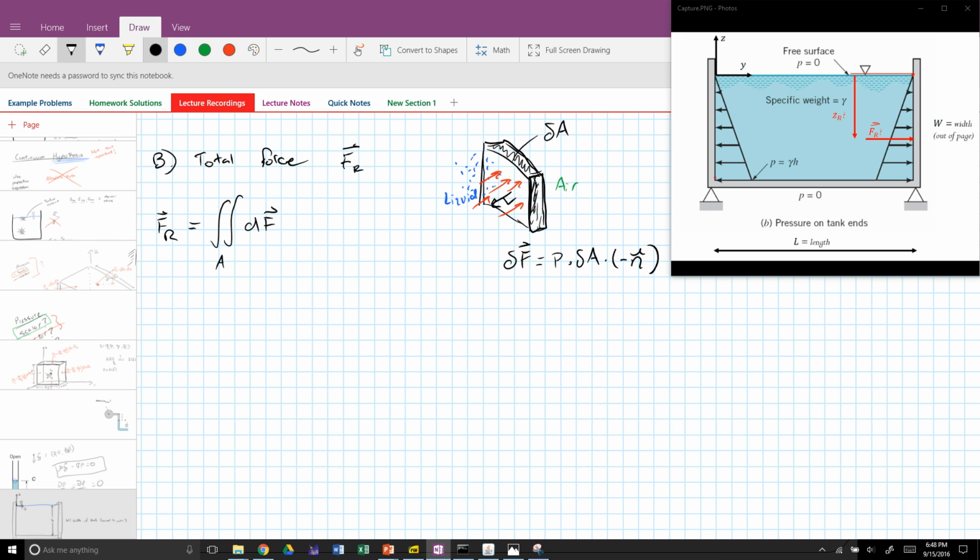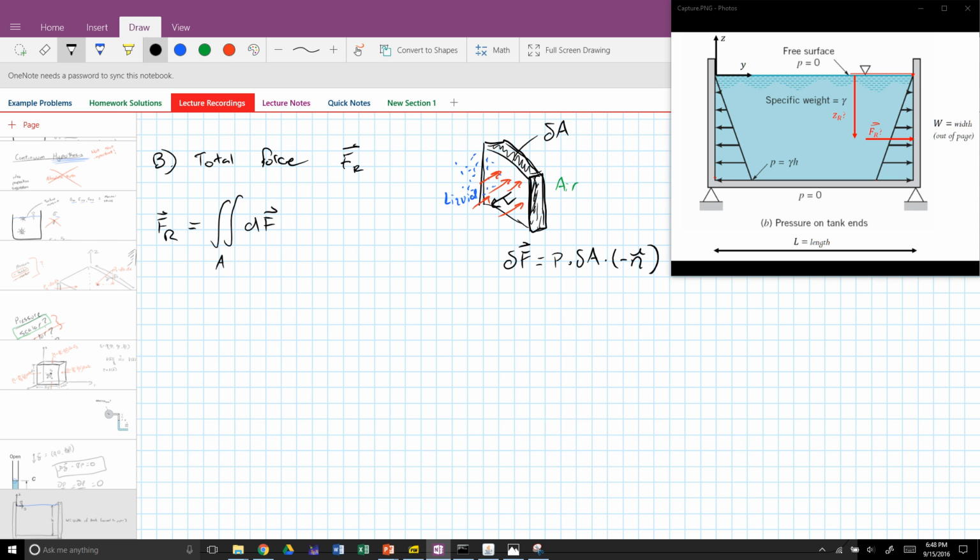And since we just showed this differential force over here as being equal to the pressure times the differential area times negative n, we're going to say that Fr is equal to the integral over the area of P, and we're going to leave this in very general form as a function in space, times normal in x, y, z.